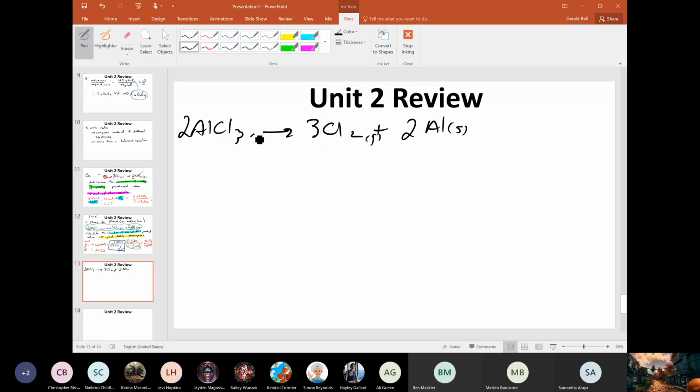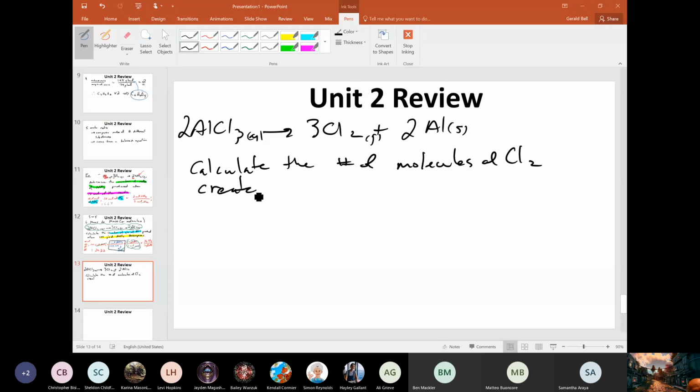Oh, I forgot all my states. Here's what I want to do. Let's calculate the number of molecules of Cl2 created when 200 grams of AlCl3 decomposes. Okay, I'll give you guys a couple of minutes to sort of tackle that one on your own.